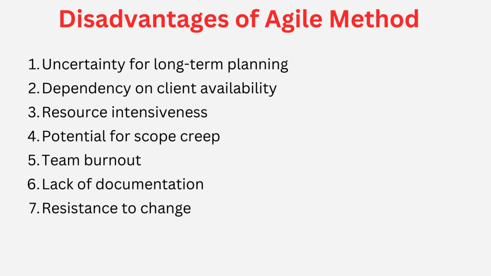If they take time to give the feedback, we can't wait to start our next iteration and we still didn't get their feedback. So likewise there could be blocks that could happen, so dependency on client availability is a disadvantage.